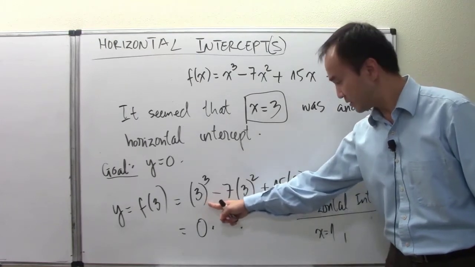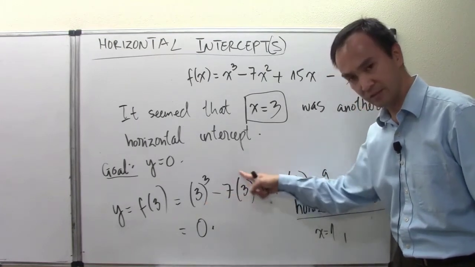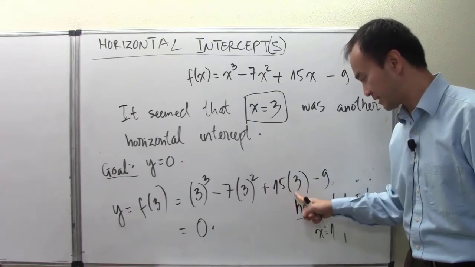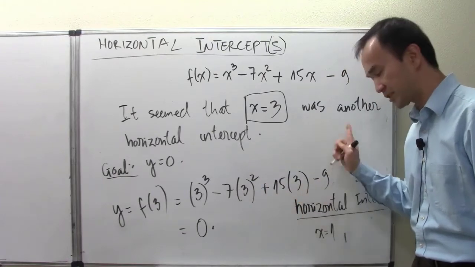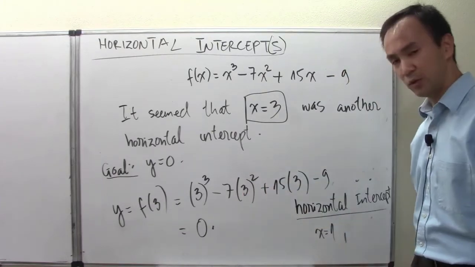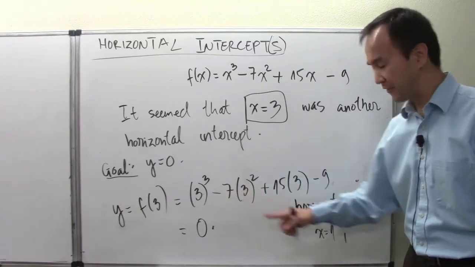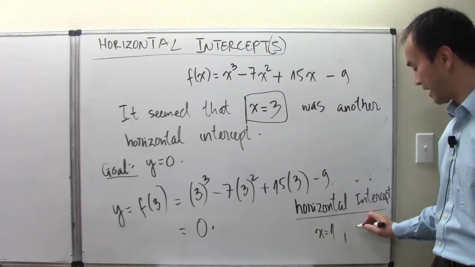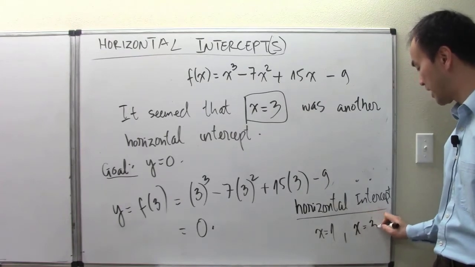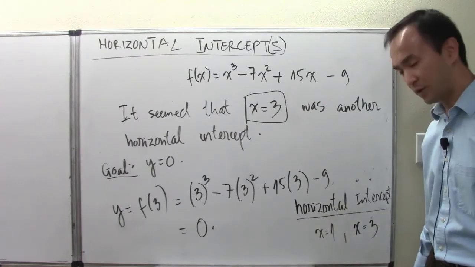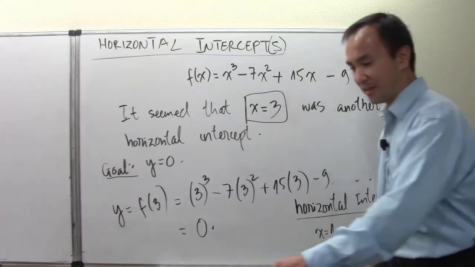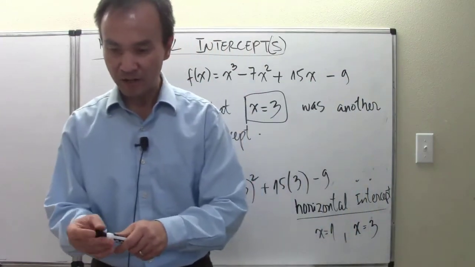Because that's 27, and minus 63, plus 45, and minus 9. And that should come out all equal to 0. All right, so now we have verified that x equals 3 is another horizontal intercept.